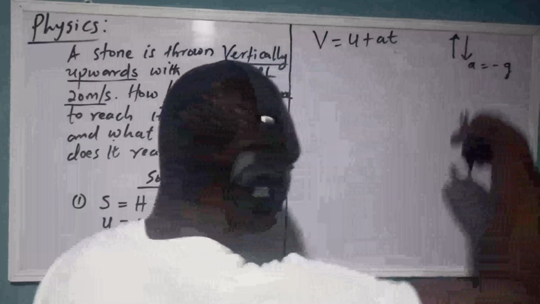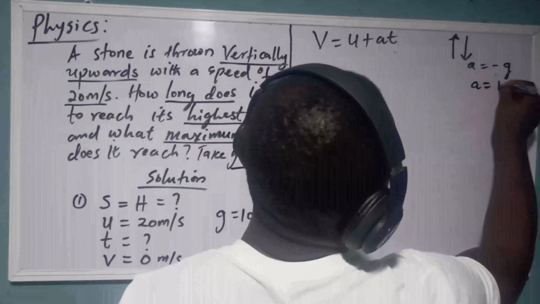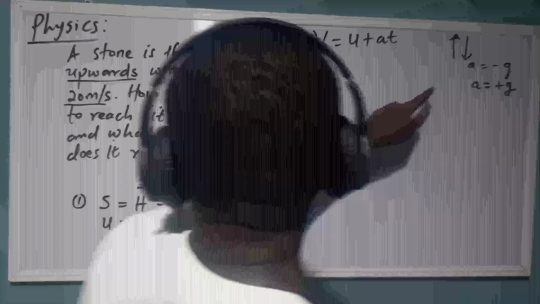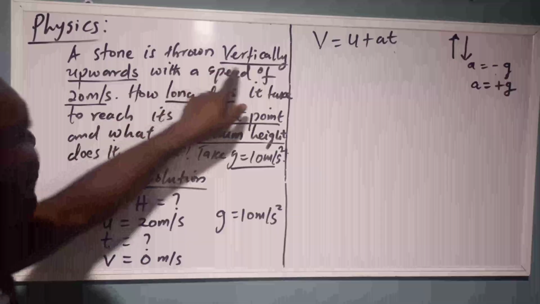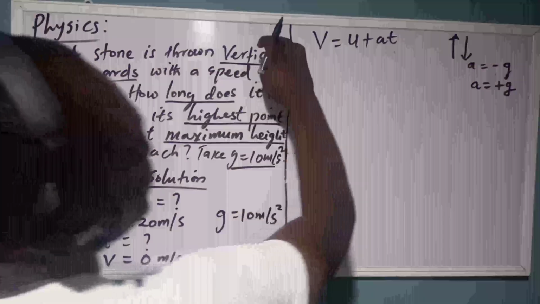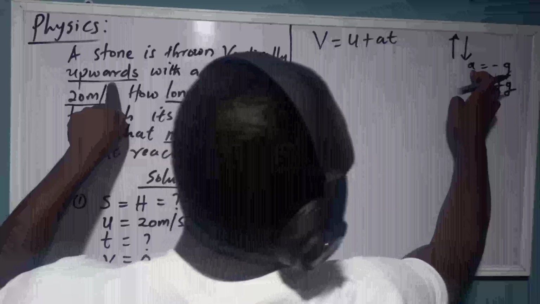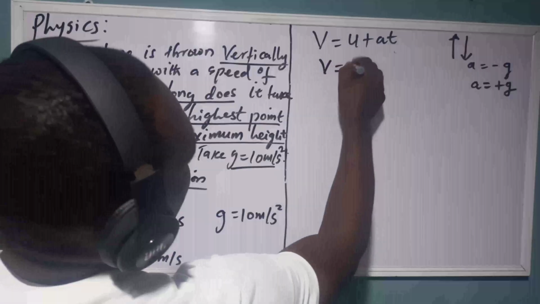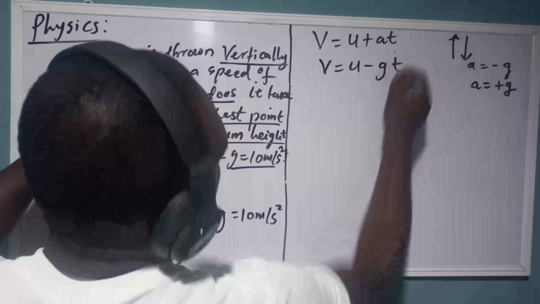But if the body is falling downwards, that means it's acting under gravity, so a is positive g, right? So now, our question says the body is thrown vertically upward. That means it's acting against gravity, so acceleration becomes negative g. So we have v = u - gt.